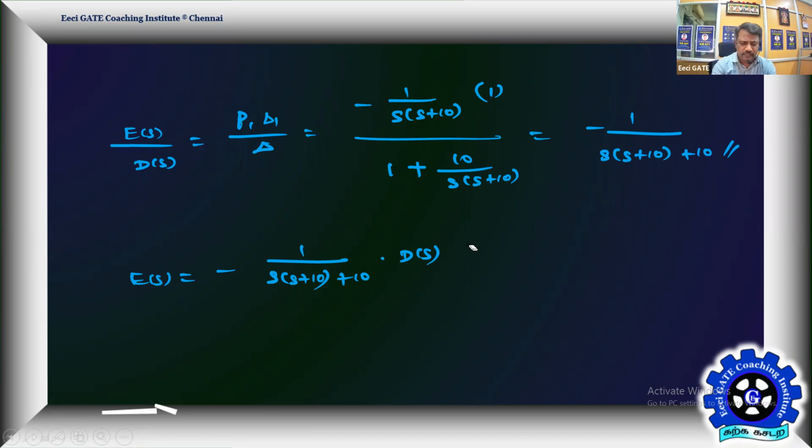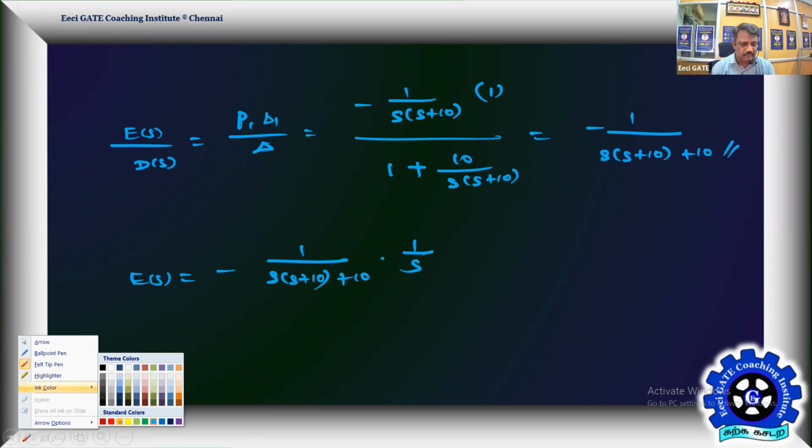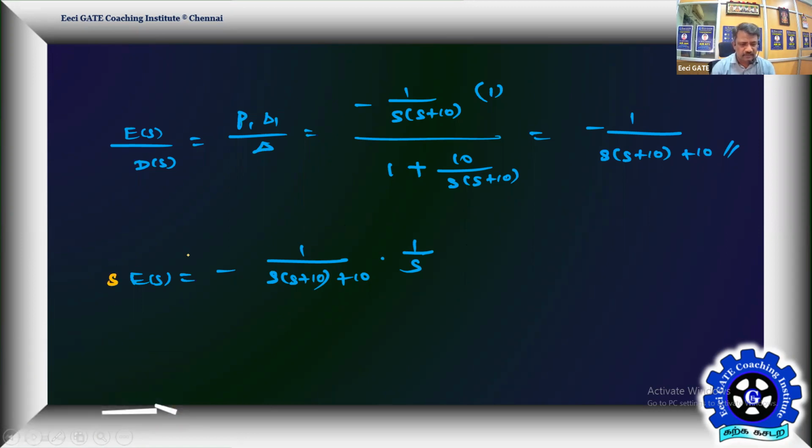Then substitute D of S. It's a unit step input, therefore D of S will be 1 by S. Substitute 1 by S. So now you are ready for the final value. Apply the final value theorem. So multiply by S, and take the limit S tends to 0 on both sides.